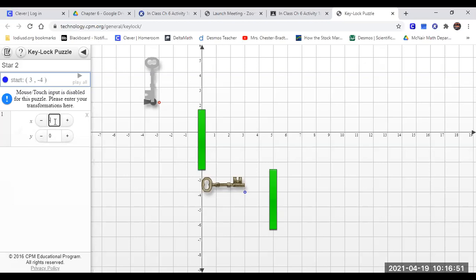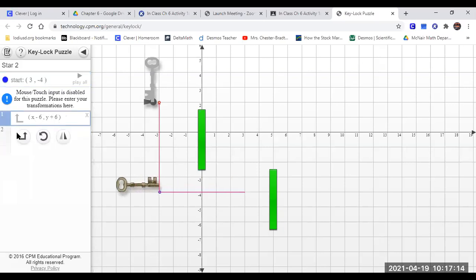Are we going to slide it up at all? Or down or what? Are we going to be sliding it up? How many? 6? Okay.